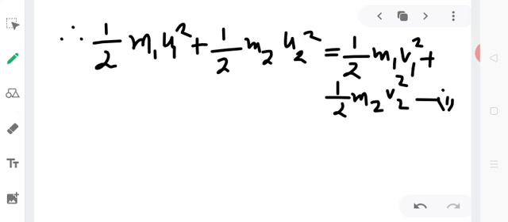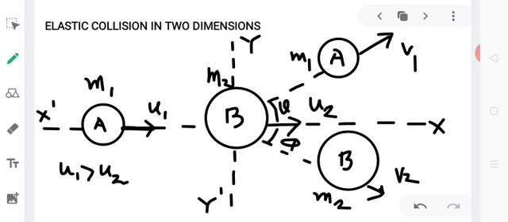Now momentum is a vector quantity. As the two bodies move along different directions after the collision, the momentum of the two bodies is separately conserved along the x-axis and the y-axis.